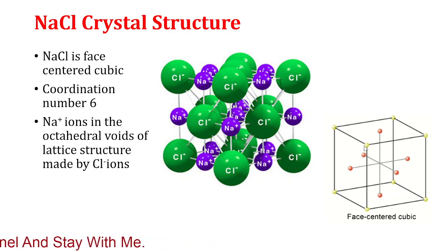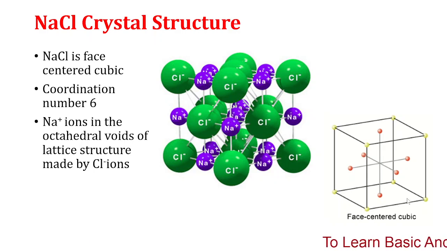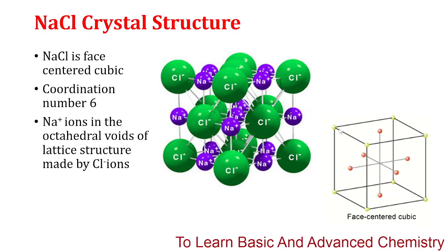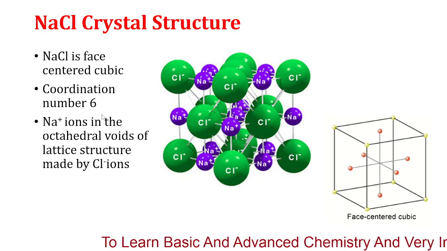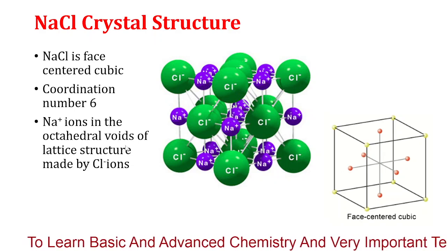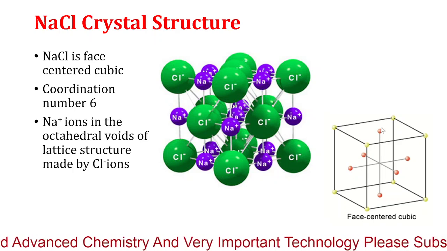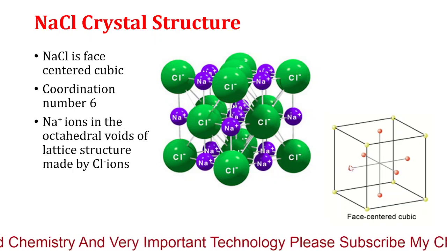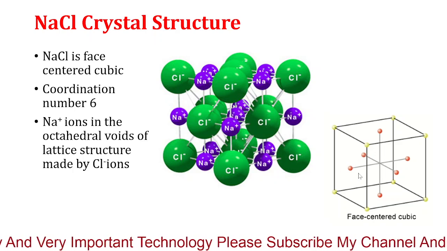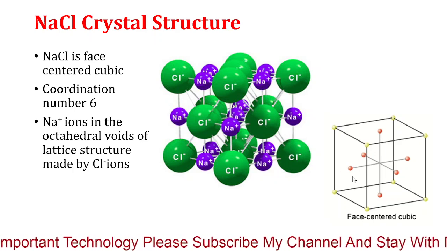How many chloride ions do we have? The upper surface 4 and the lower surface 4. So 8 chloride ions make the structure, and all the sodium ions are at the voids. This is one open space, this is one open space. So here all the sodium ions are at the center.